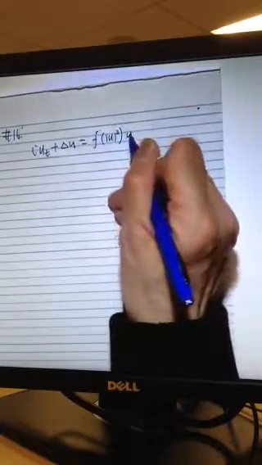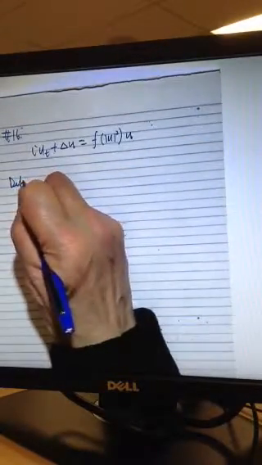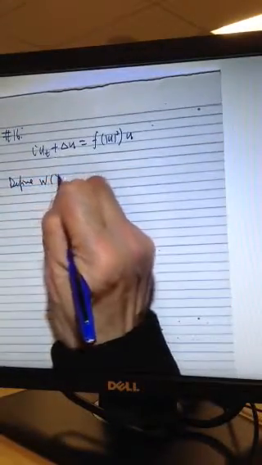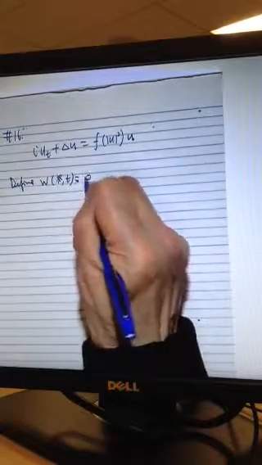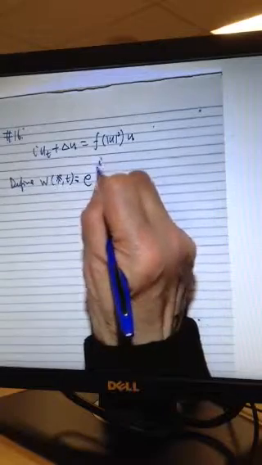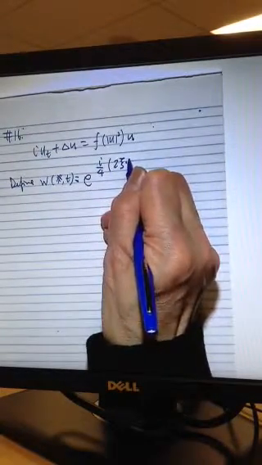Okay, so i u_t plus the Laplacian u equal to f of |u|^2 u, right? And I'm going to define w(x,t) to be e^{i/4 (2c·x - |c|^2 t)} u(x - ct, t).